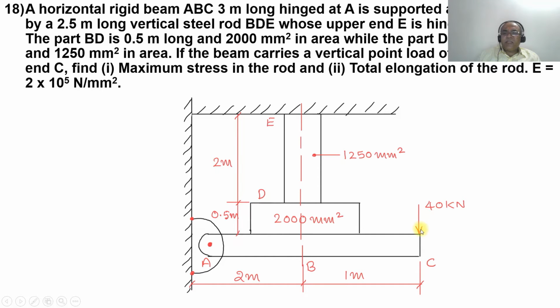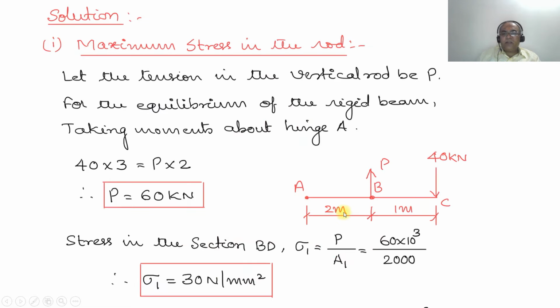When the load is acting downwards, since it is acting as a cantilever beam, the beam tries to bend in the downward direction. So in order to keep the beam in the equilibrium condition, there will be a force at the point B which is acting in upward direction. So that is the reason why you have an upward force P, which we don't know, we need to find out.